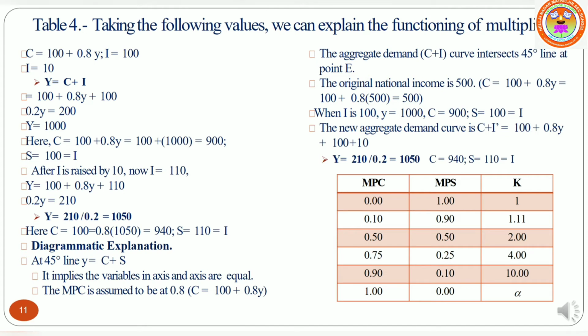The new aggregate demand curve is C plus I, that means 100 plus 0.8y plus 100 plus 10. How much will we get? Y equals 210 divided by 0.2, 1050 we are getting, and consumption is 940. Saving is 110. So when income increases, consumption and saving also change.